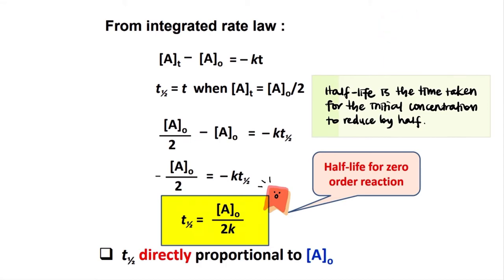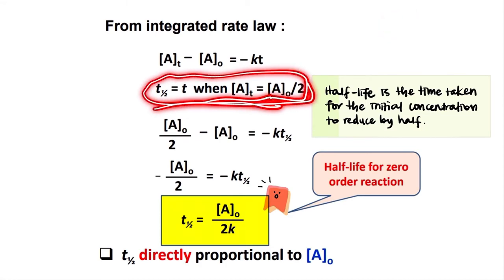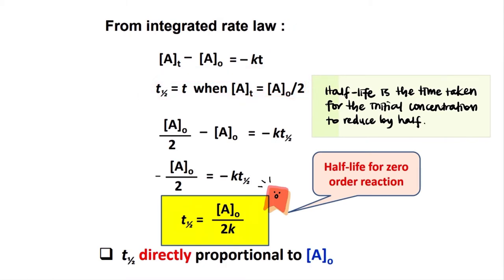So basically awak just masukkan these values into your integrated rate law to get your half-life formula. Alright, so you need to know this half-life formula for each of the order, zero, first and second order.